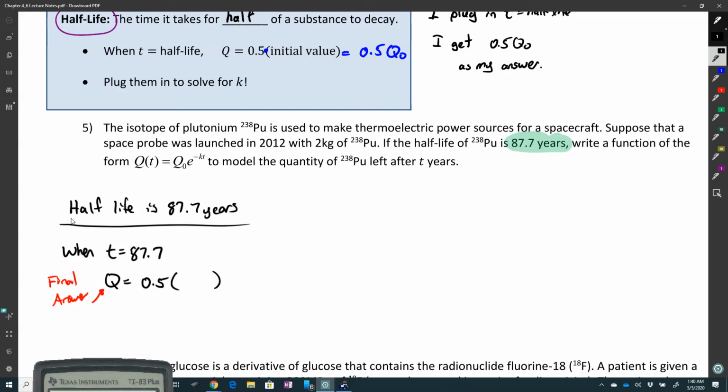And they actually told me in 2012 there was 2 kilograms. So what's 1/2 of 2? 1. Those are my values. When t equals 87.7, Q is 1. I already know my Q naught, and so now I can solve for K.